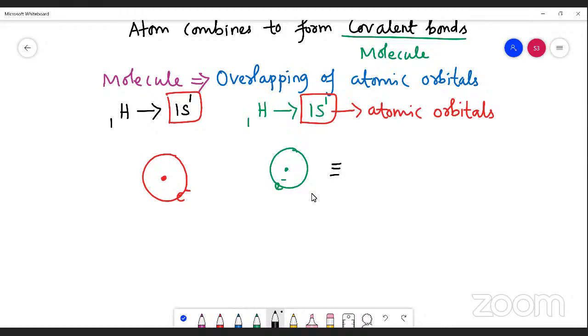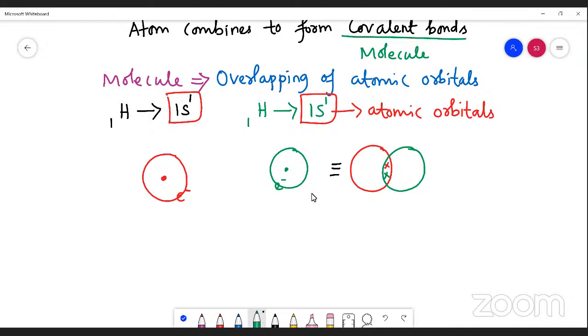Okay. So what happened? Whenever there is formation of a molecule, the two atomic orbitals should overlap. Okay. This is the first one, and this is the second hydrogen atom. Okay, and the two electrons should be present here. One electron here and another electron here. So like this. Whenever you take one atom, it refers to the atomic orbital. Whenever we are talking in terms of a molecule, this is nothing but a molecular orbital.